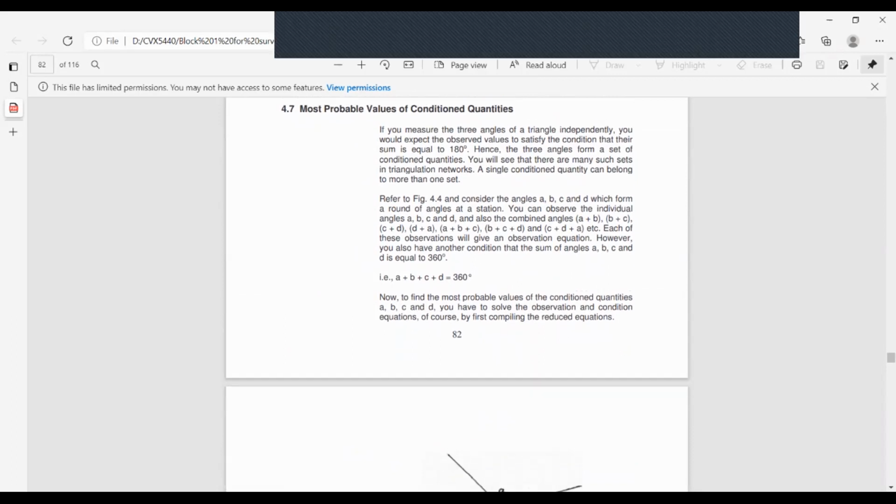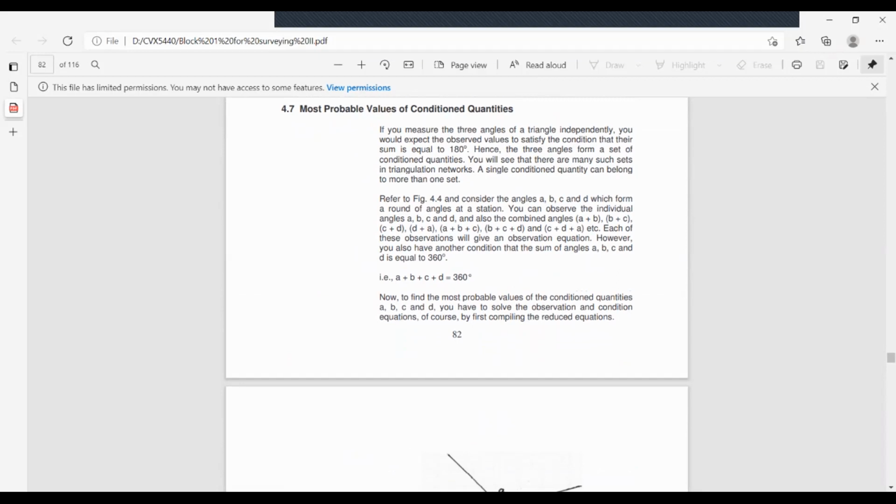Next, we will move into this 4.7, which is the last part that will be considered for your CAT 1, most probable values of conditioned quantities.